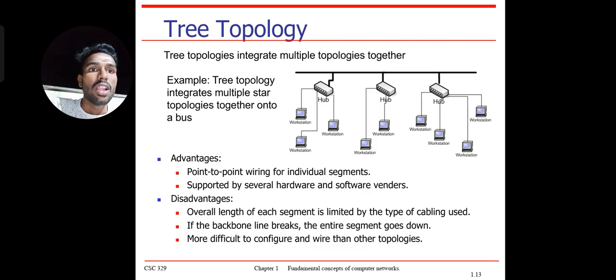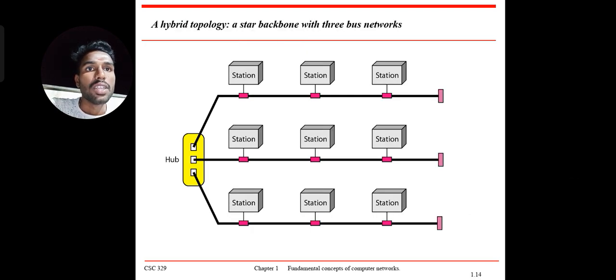Disadvantages: overall length of each segment is limited by the type of cabling used. If the backbone line breaks, the entire segment goes down. More difficult to configure and wire than other topologies. Next one is hybrid topology, a star backbone with tree bus networks. See the diagram.